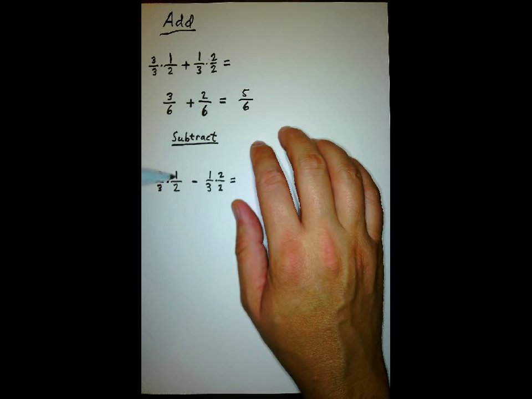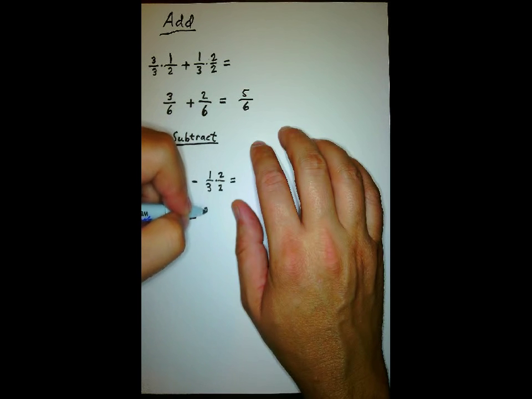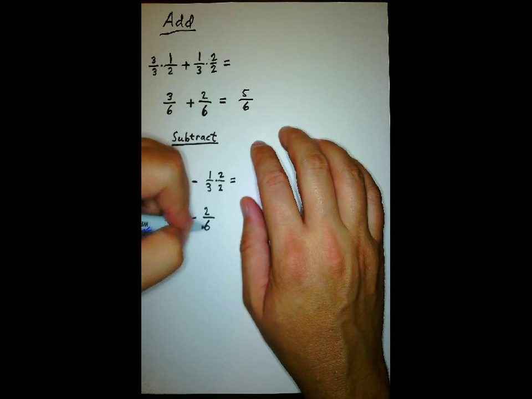Alright, so let's go through it. 3 times 1 is 3. 3 times 2 is 6. We have a minus sign here, so we're just going to write our minus sign. 1 times 2 is 2. 3 times 2 is 6.